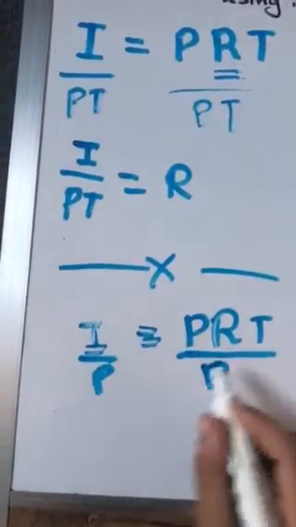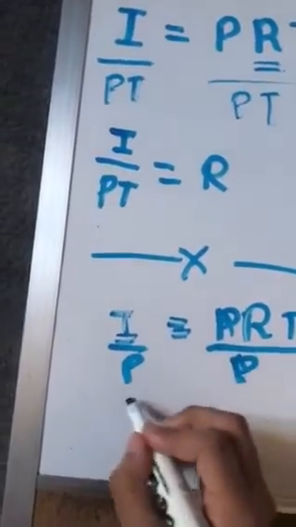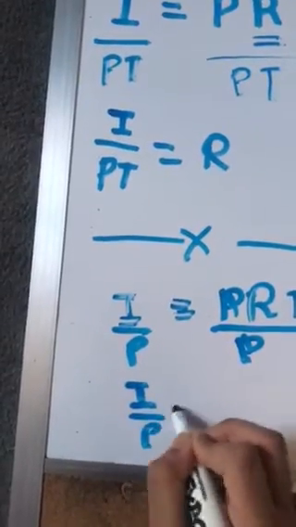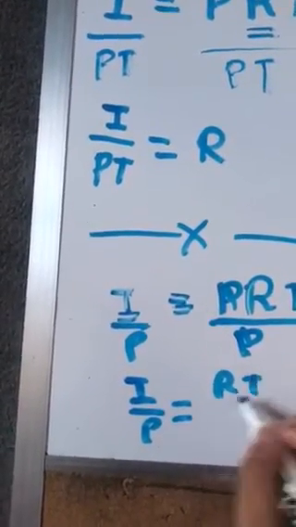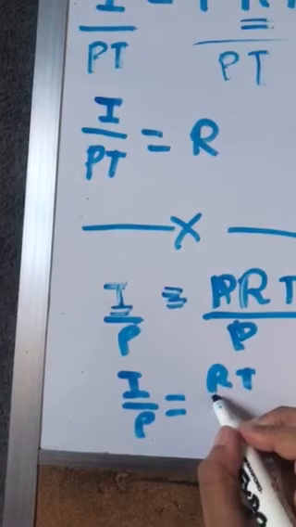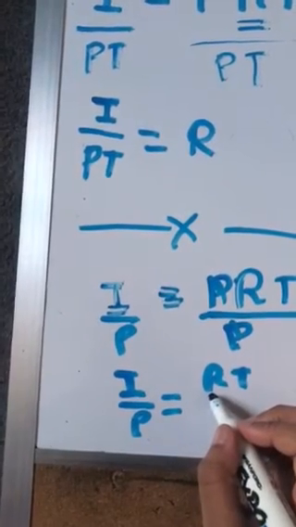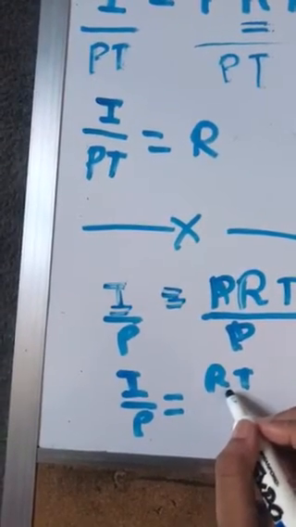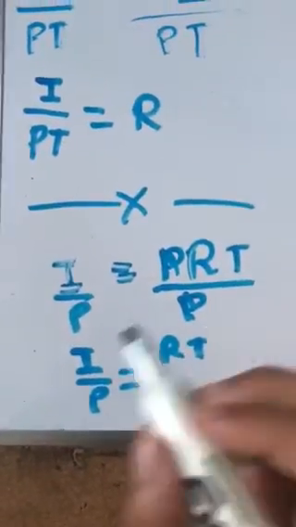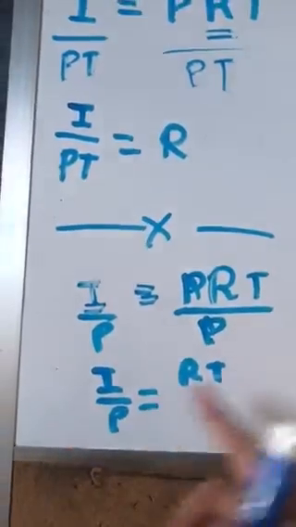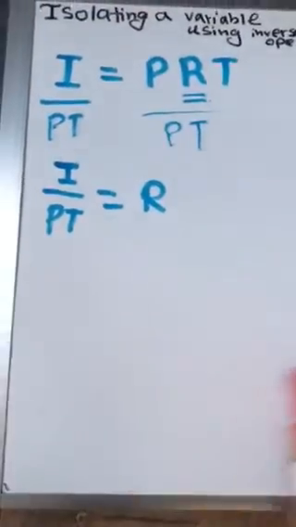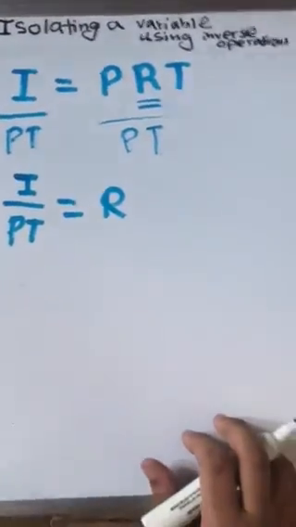Then this would cancel, and we would have I over p equals rt, and then we would have to divide by t. But it's fine, we could do it in the same step as well.